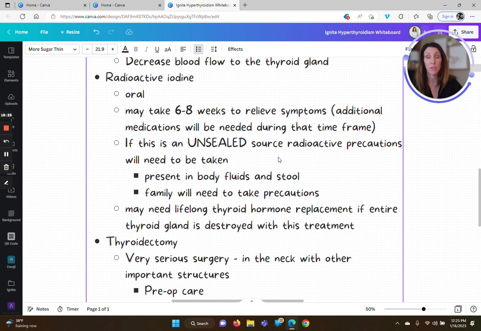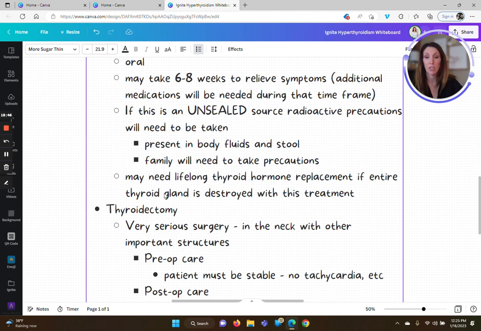They may have specific recommendations on what they need to do to prevent exposing family members or other people, blowing their nose, laundry. There's all kinds of specifics on that, which we're not going to go into, but that is something to keep in mind.